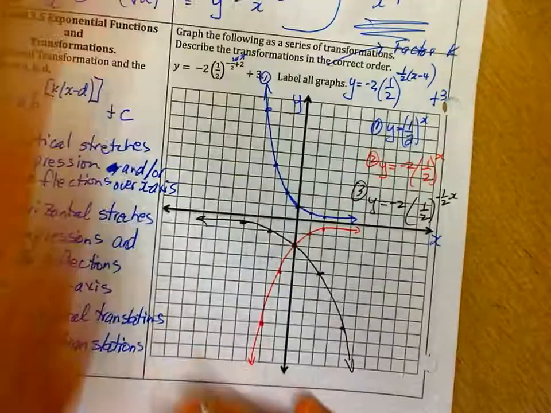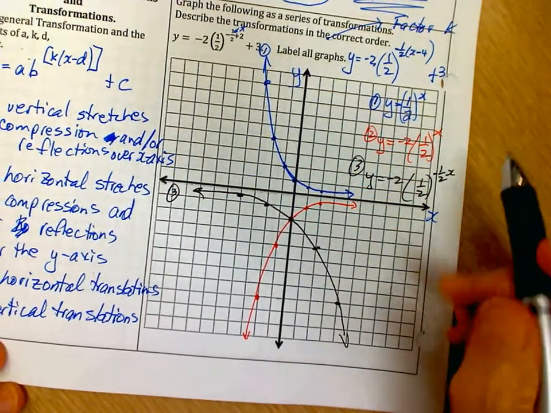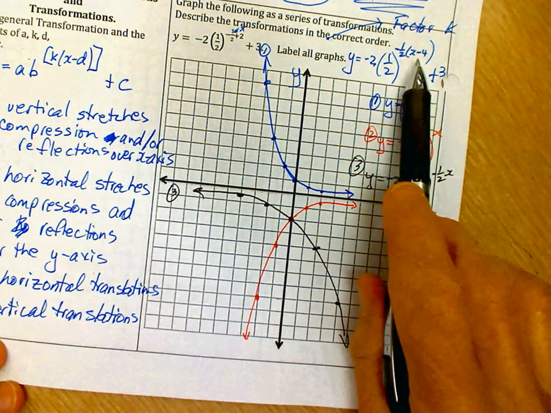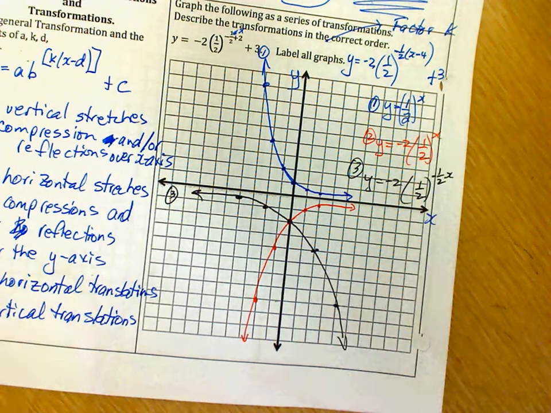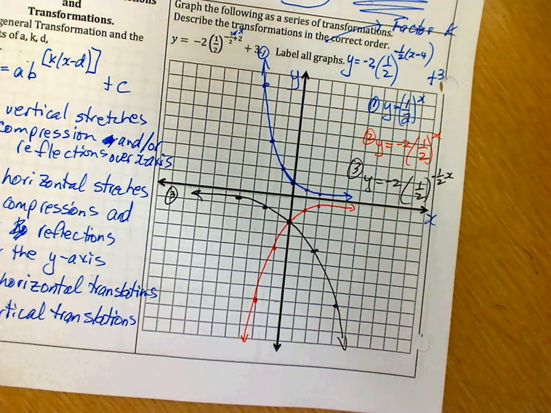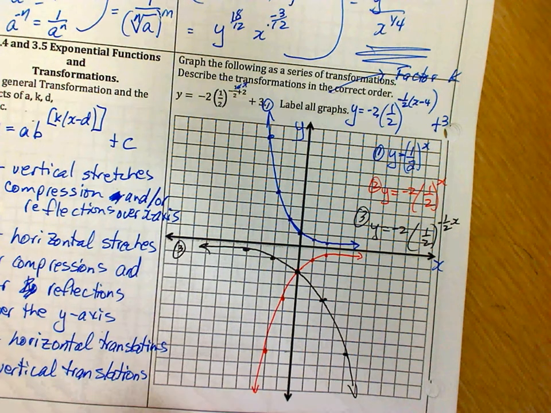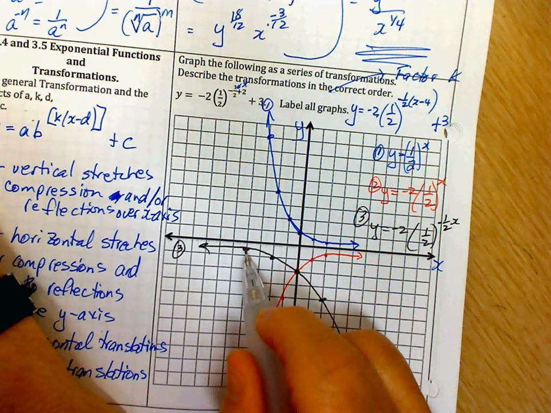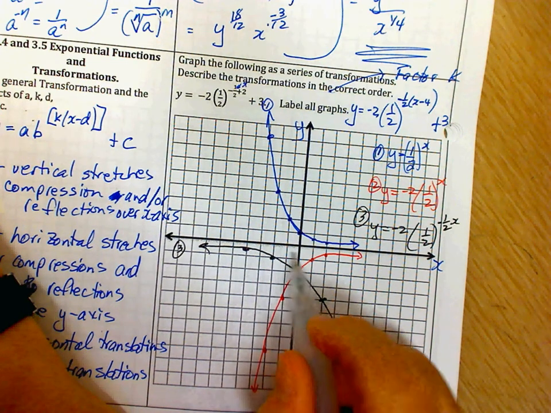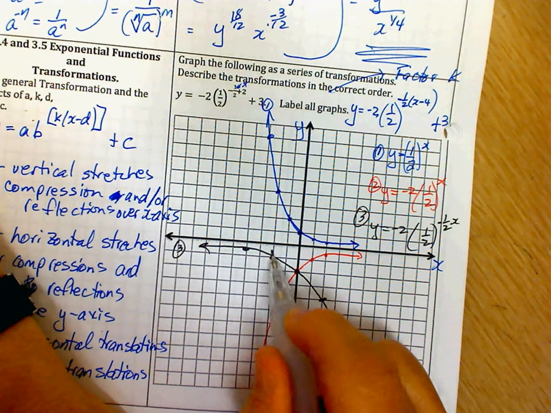Now let's do the final graph, which is a horizontal translation of 4 to the right and up 3. I will do that in pencil. So translating graph number 3, we move it 4 to the right and up 3.